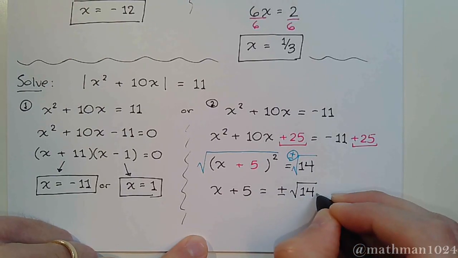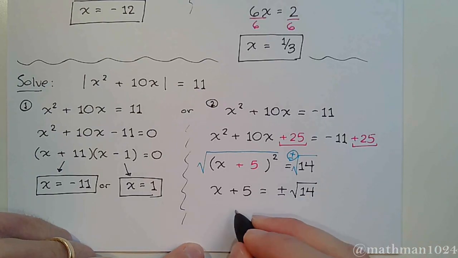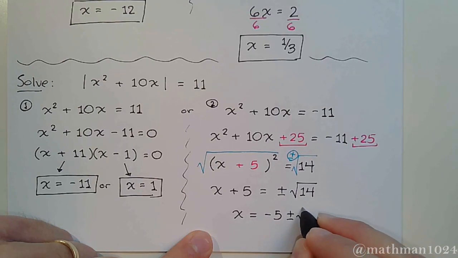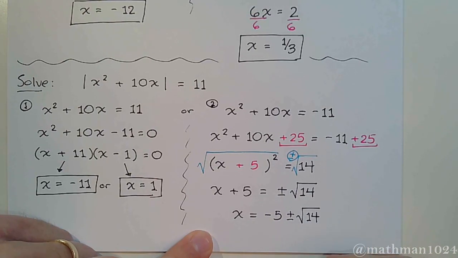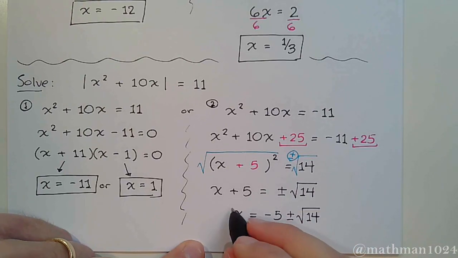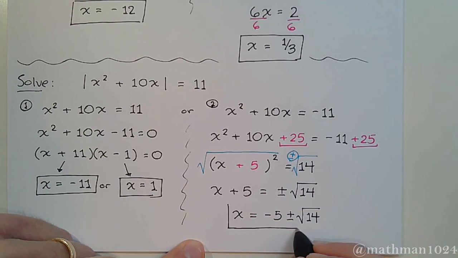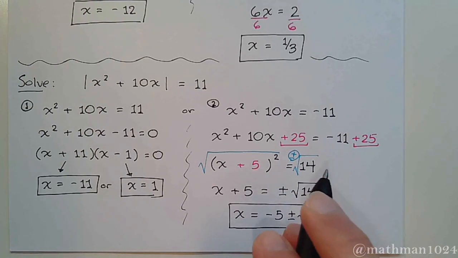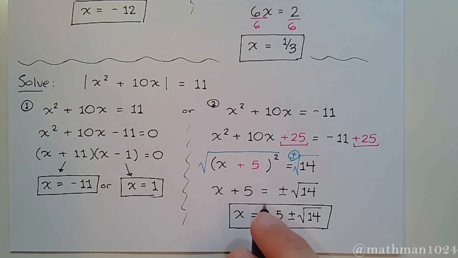We can try to simplify that, but it won't break down at all. Move the 5 to the other side, so we get negative 5 plus or minus the square root of 14. Okay, there we go.